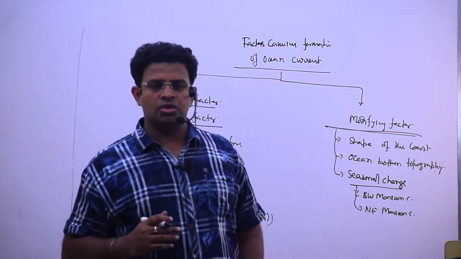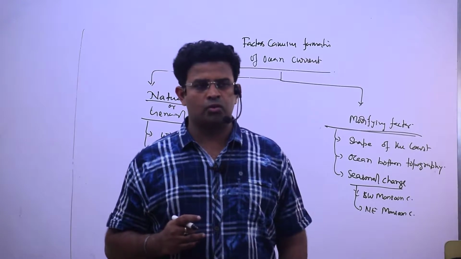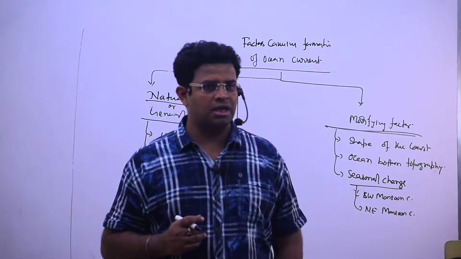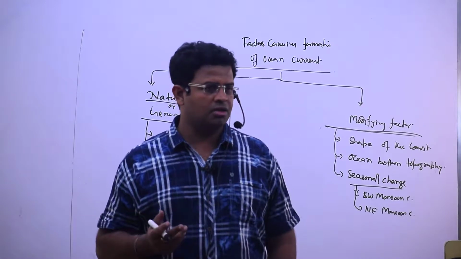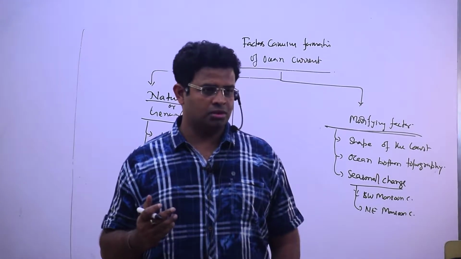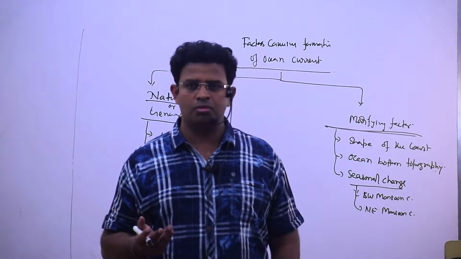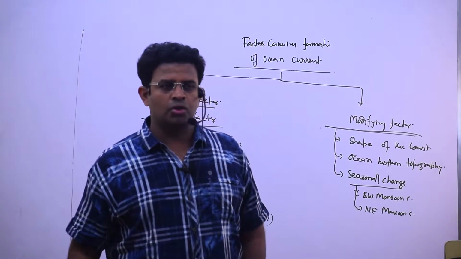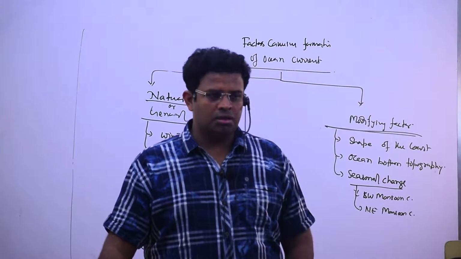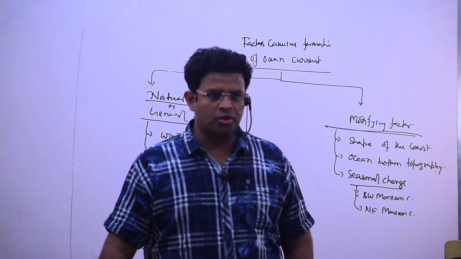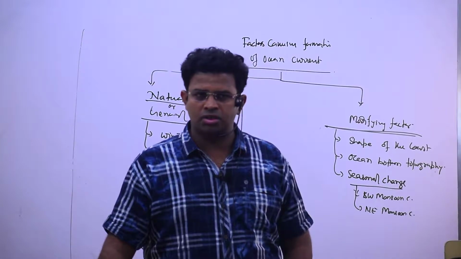Clear? This modifying factor is effective only in India, nearby India, the northern Indian Ocean, in the form of the Arabian Sea and Bay of Bengal. Okay? So which are the modifying factors? The shape of the coast, ocean bottom topography, and seasonal change.